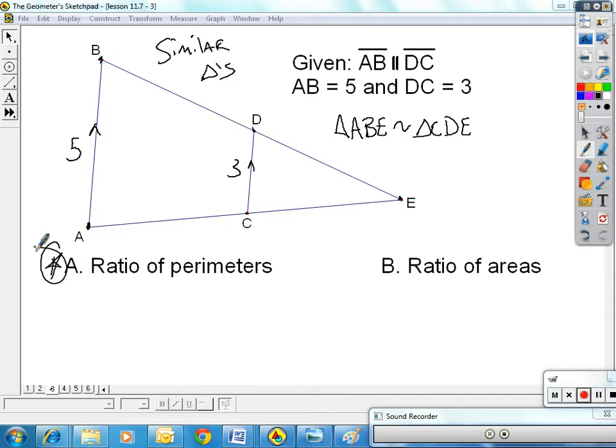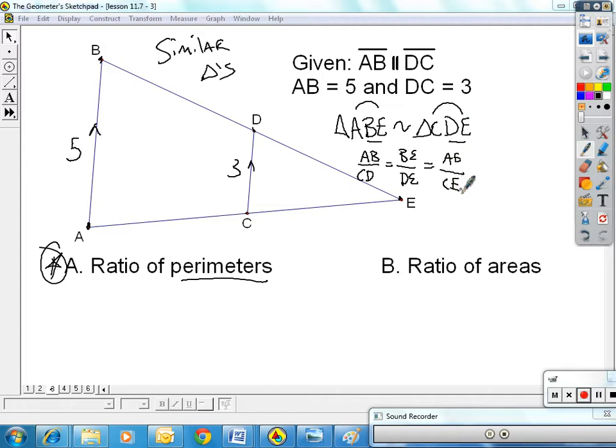We've done that already. We all should remember that the ratio of the perimeters is the same as the similarity ratio. So remember how we found that? We took AB over CD, which was equal to BE over DE, which is equal to AE over CE.